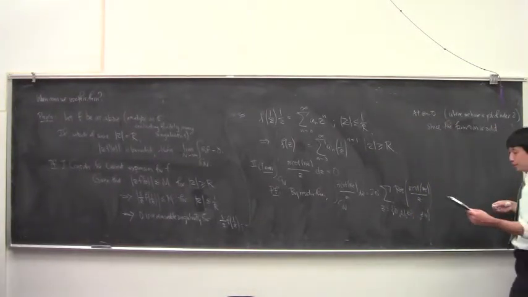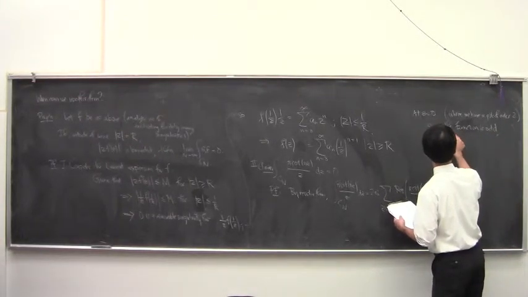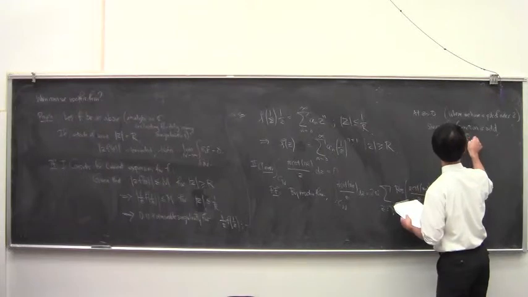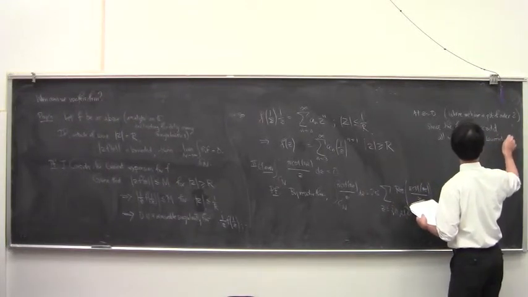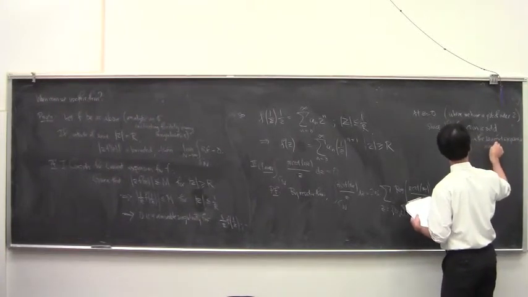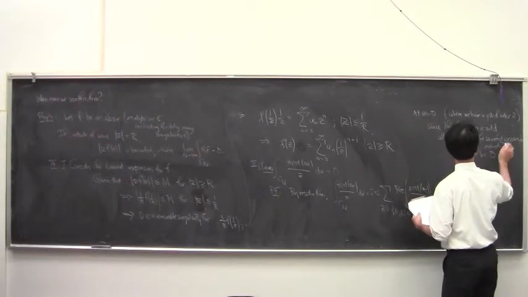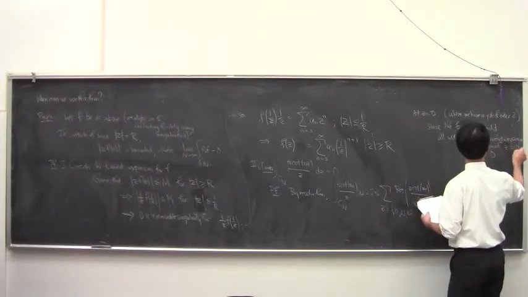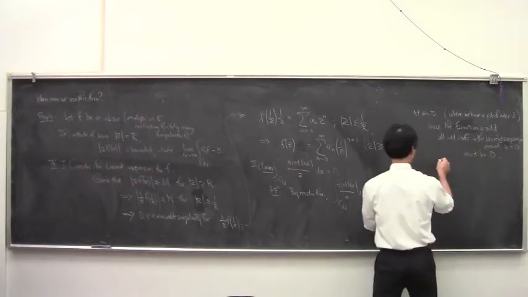We have this odd function. All the odd coefficients in the Laurent expansion about 0 must be 0. Is that clear? I mean, if you think about it, right?